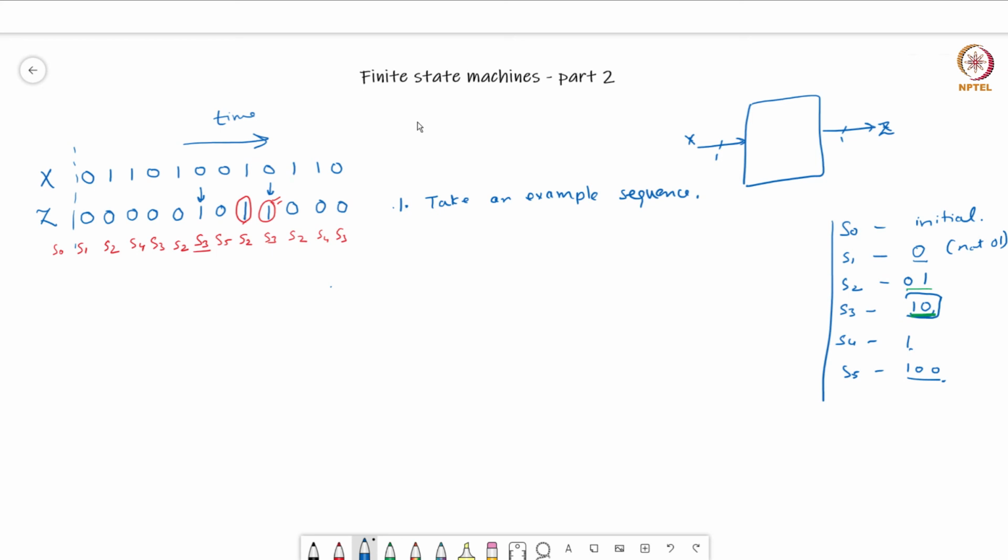It is helping us in two ways. One, we are now clearer in our mind how my output should look. The second thing is that whenever we need to look at any particular sequence, we can look at this example and see what should be our next state. The third thing is that when your state machine construction is finished, then you can use the same example to verify whether everything was correct or not.